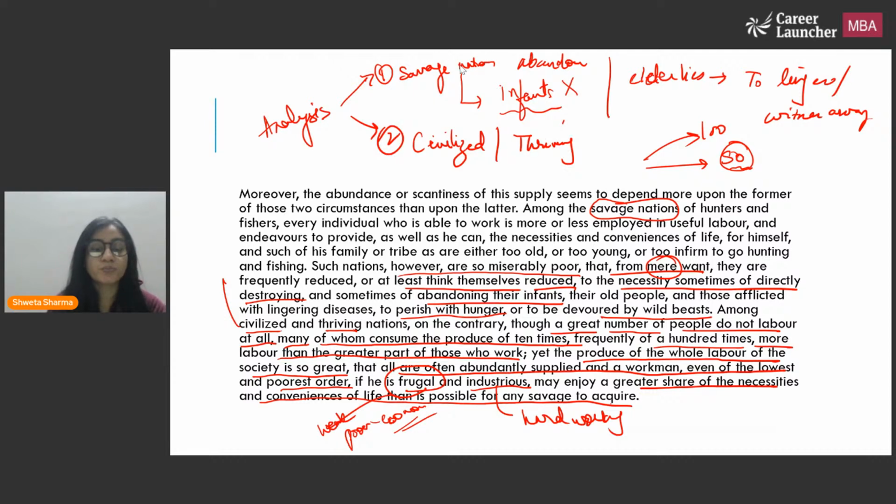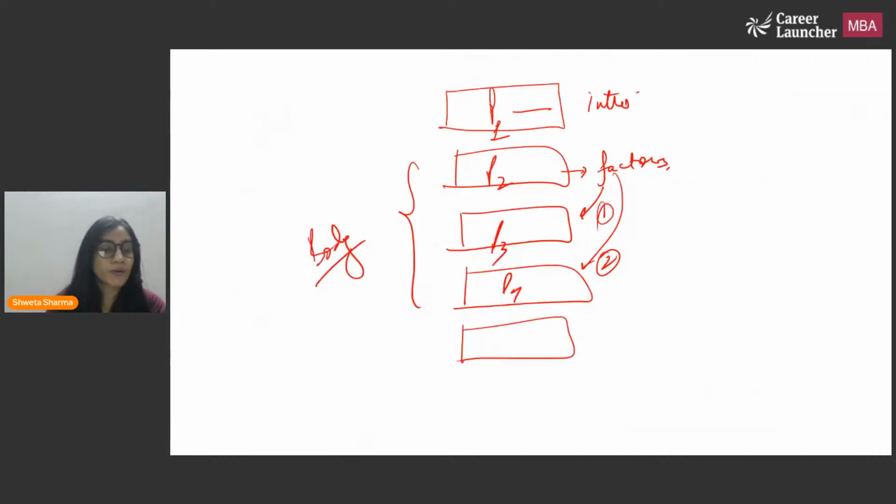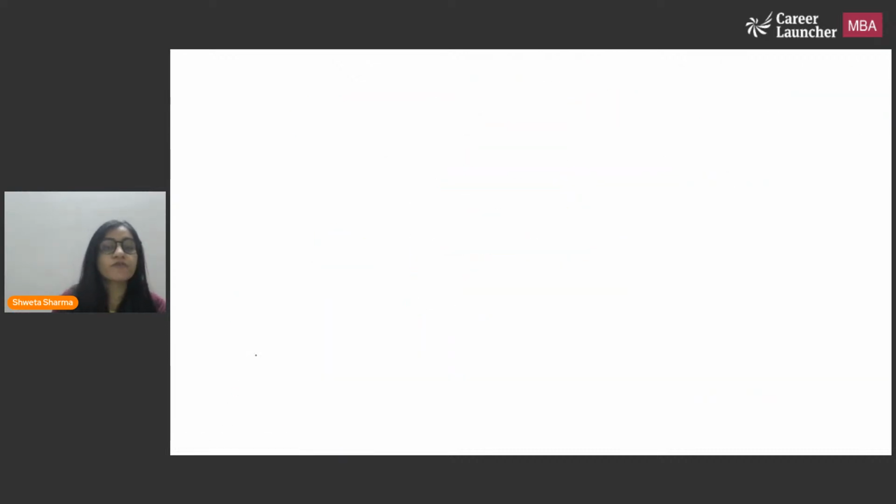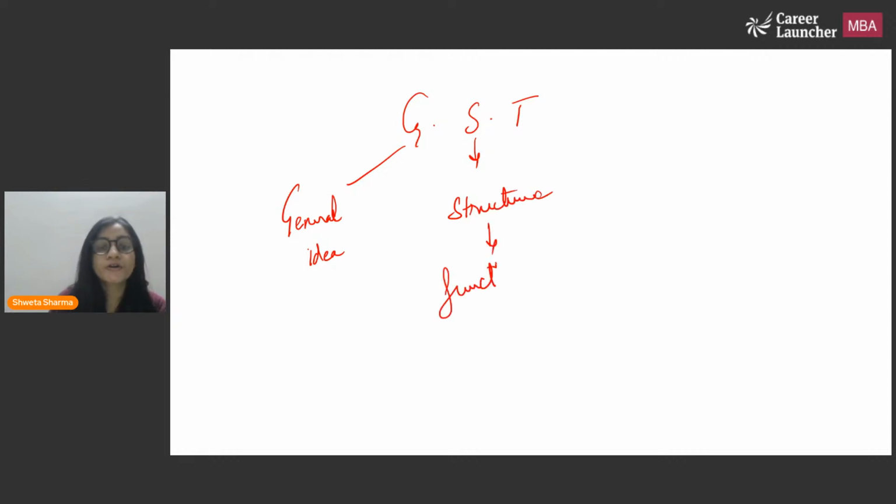I want everyone to please help me out with the GST of the passage now. When I say GST, what I'm looking for is, before we move ahead to the questions, take 20 seconds or maybe 1 to 2 minutes, but let me give a general idea of the passage, the structure. When I say structure, it is the function or role of each paragraph.